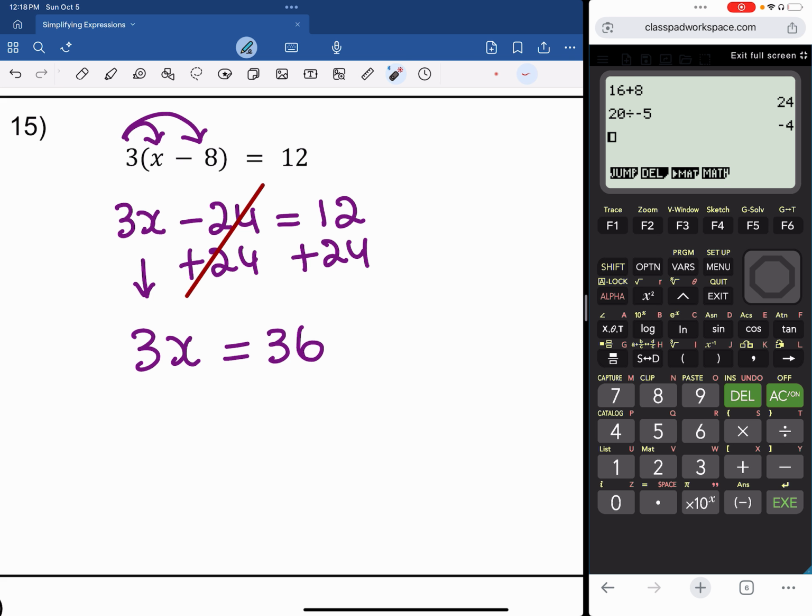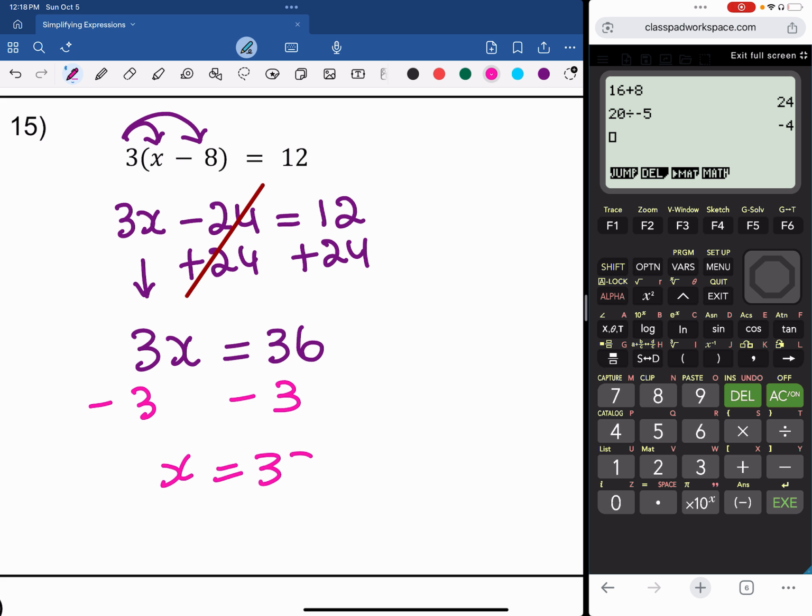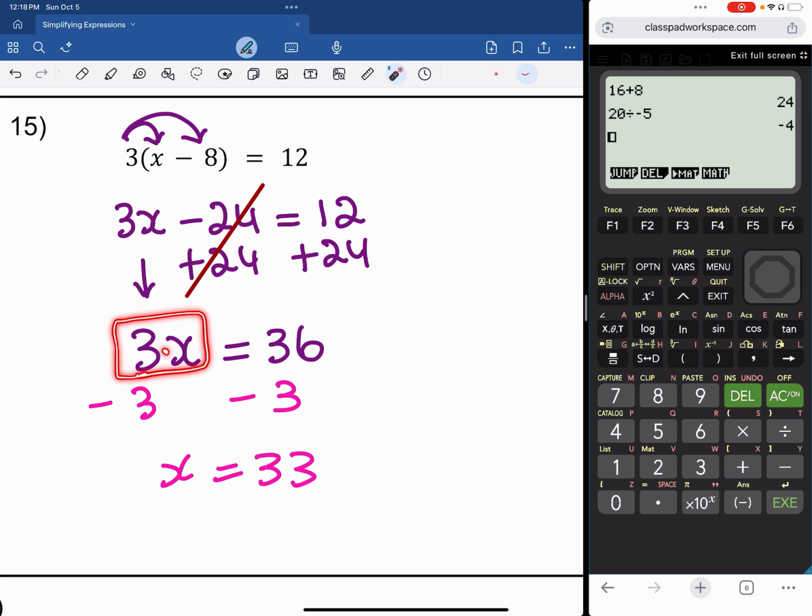I just want to address a common mistake that some students make when solving equations like this. Sometimes we're tempted to subtract 3 from both sides, and then we think that we're going to be left with x is equal to 33. This, however, is not true. This 3x is 3 times x.